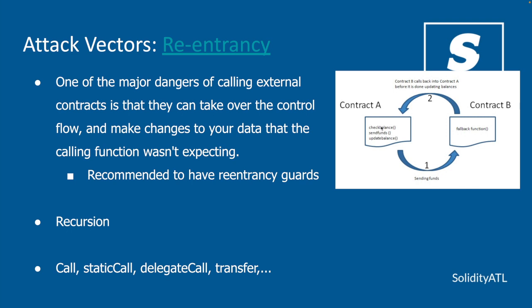If someone's trying to withdraw money, the method first checks the balance, confirms they have enough, and then actually sends the funds, using either transfer, a call, a static call, or a delegate call, however they want to do it. And then at the end of that function, it updates the state of that contract.